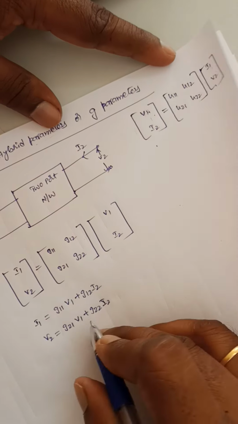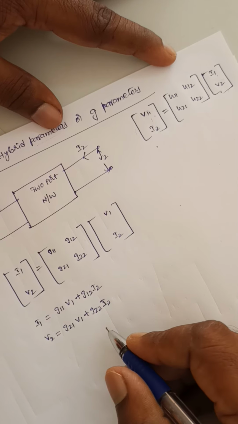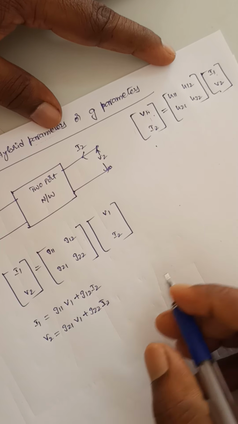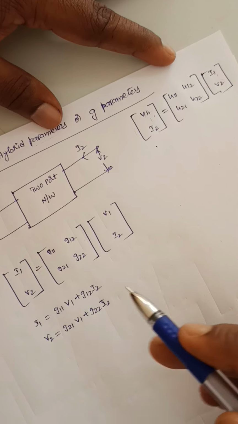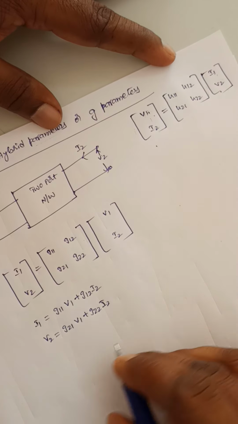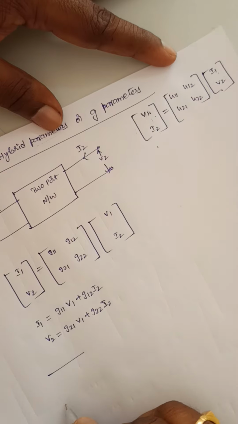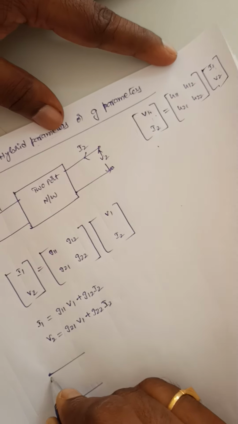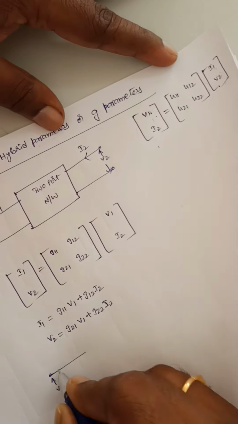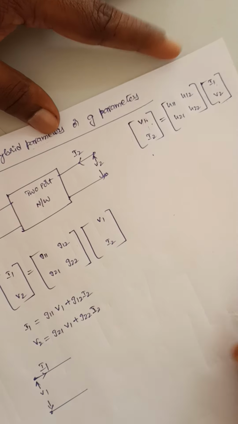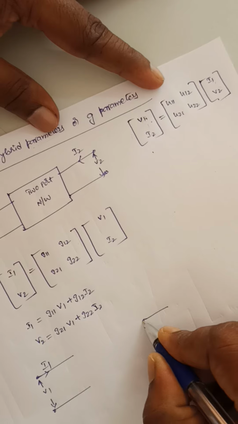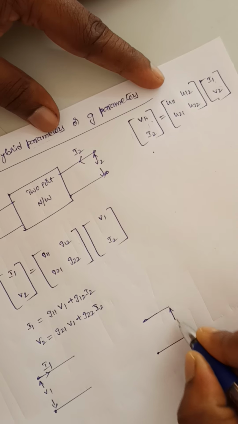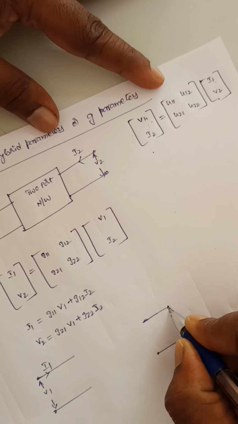Now write the equivalent circuit of this two-port network in terms of G parameters. This is the input port, V1 I1. Next, the output port or port 2, V2, I2.